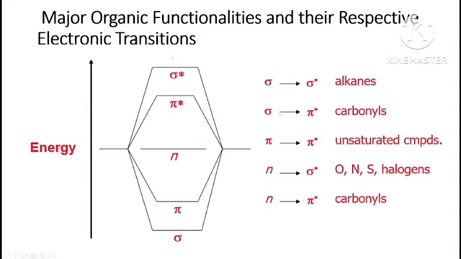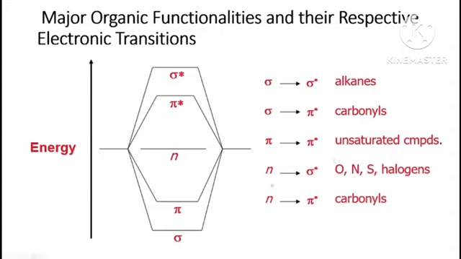Good. Now you could see that for alkanes, usually we see this sigma to sigma star electronic transition. So this is the electronic transition that usually occurs in alkanes. When it comes to carbonyls, it's sigma to pi star. When it comes to unsaturated compounds, meaning compounds that usually have multiple bonds like alkenes and alkynes, you have pi to pi star transition as HOMO to LUMO.